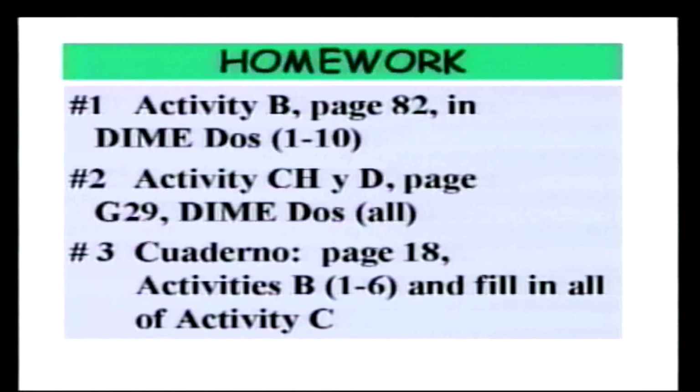Remember, that's in the back of your book of Dime Dos, and we want you to do all of them in Activity Che and Activity De of G29. And number 3 homework assignment in your cuaderno, page 18, Activities B, 1 through 6, and we want you to fill in all of Activity C.